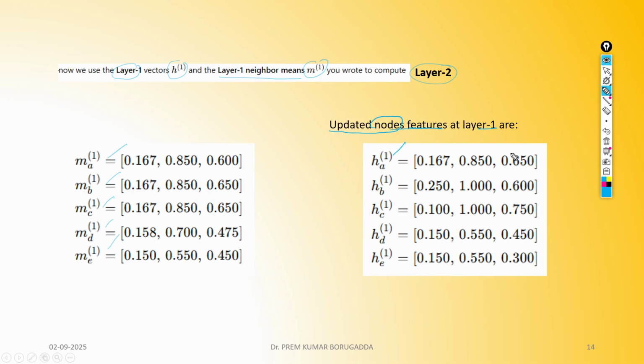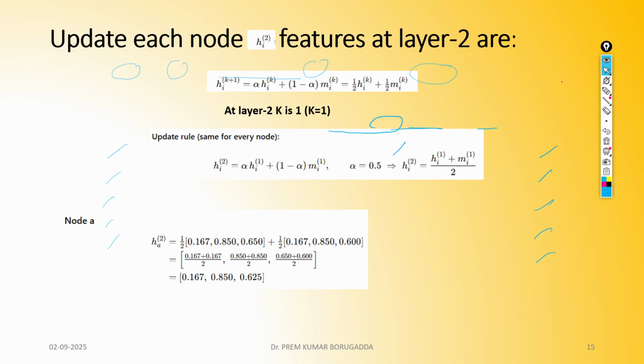These are the HA1 values, HB, HC, HD, HE and MA, MB, MC, MD, ME. So now I am going to update each node's H(i) 2 features at layer 2.